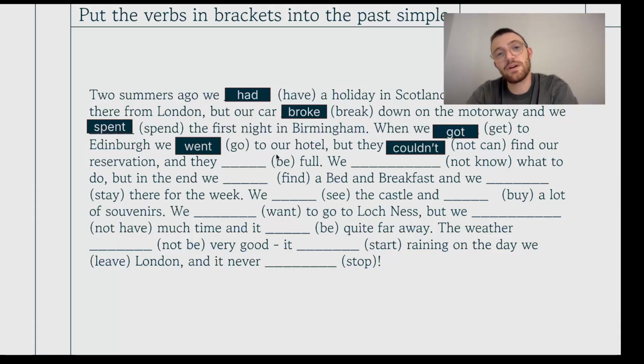So you will remember from the previous slide that be can be one of two things. It can be was and it can be were. Now, you might find it quite funny if you ever listen to native speakers speaking, that some of them mix them up.